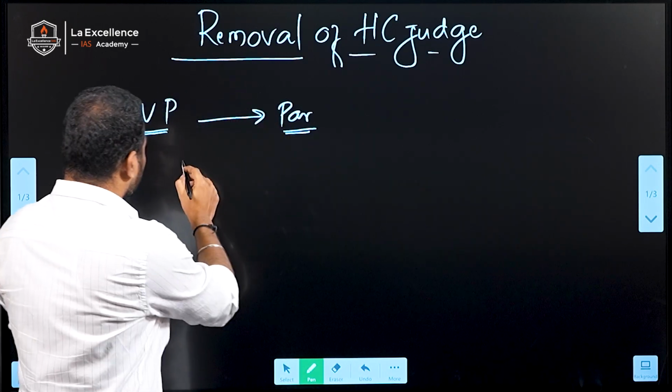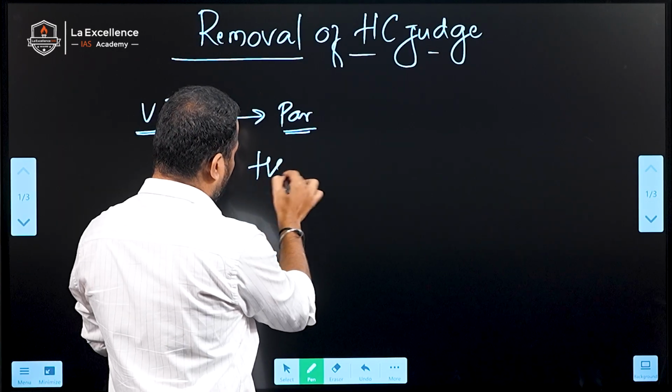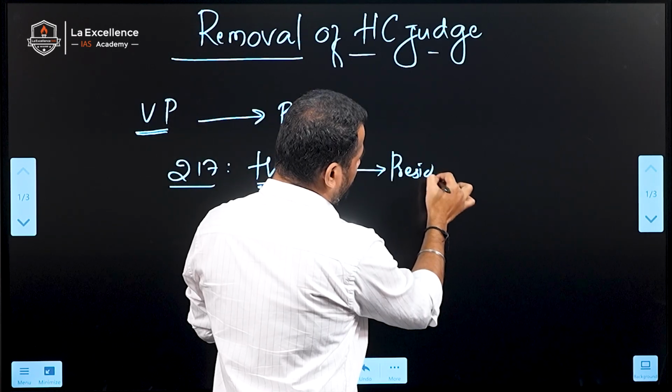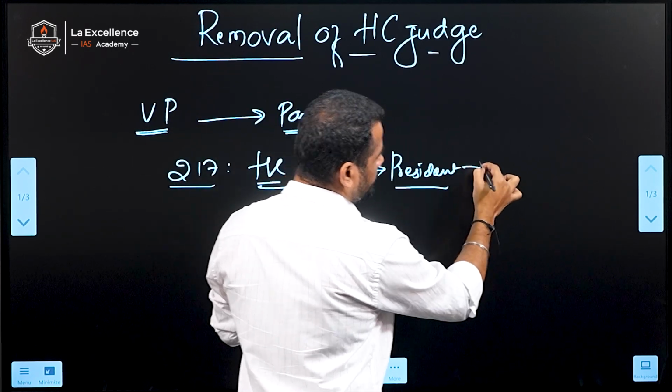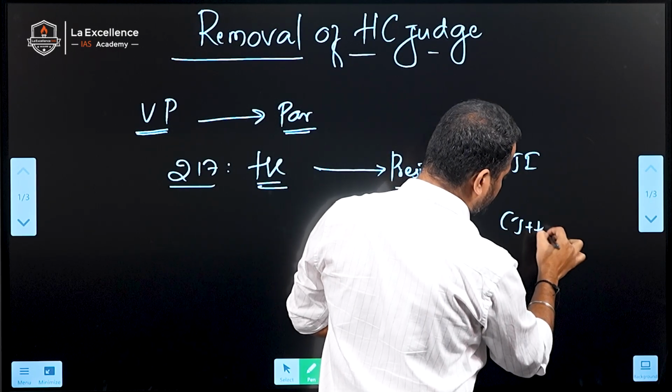Article 217 says that a High Court judge is appointed by the President, but after consulting the Chief Justice of India and the Chief Justice of the concerned High Court.